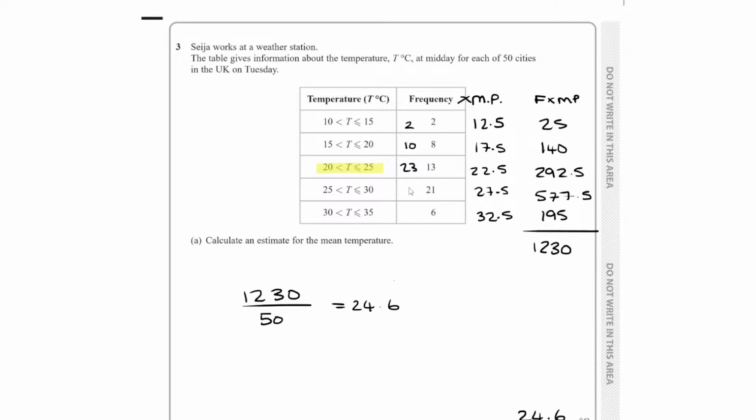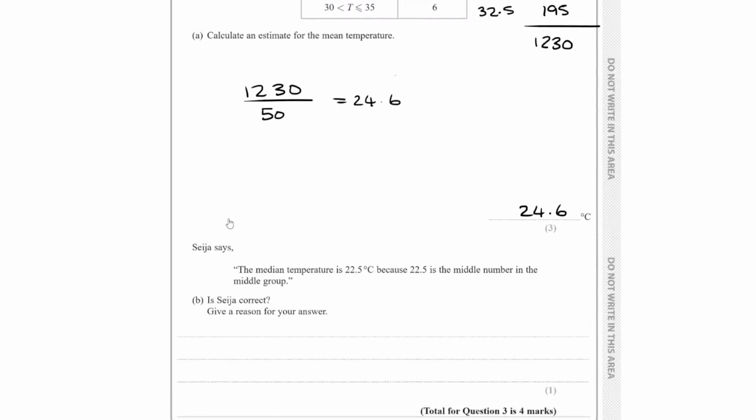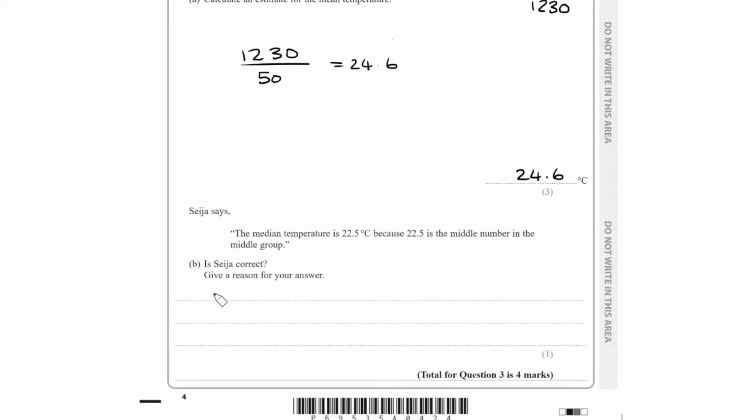City number 25 would therefore be in the group 25 to 30. So that's the reason why you could say she's wrong. So if we come back here, is she correct? Well, no. And then you can kind of almost correct her.